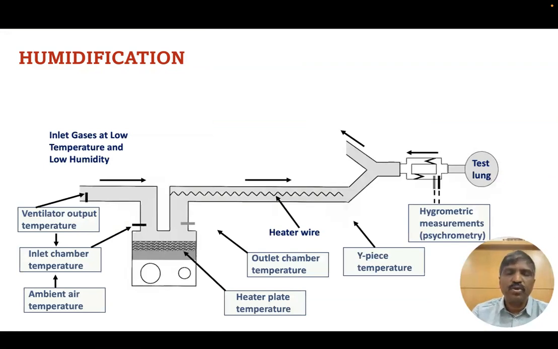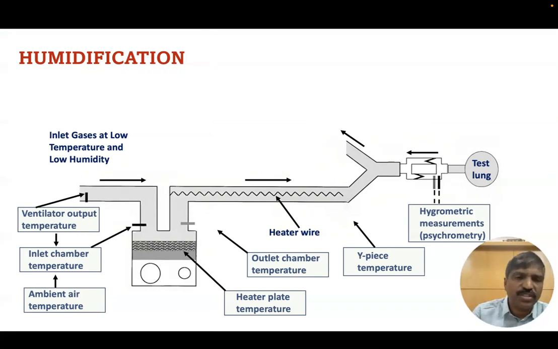So the third component of a ventilator is the humidification. Humidification is one very important component of neonatal ventilation because the gases which are coming from the compressed air and oxygen sources are cold and dry.